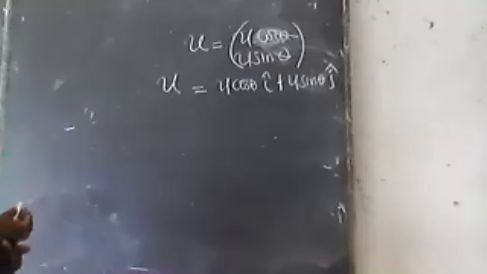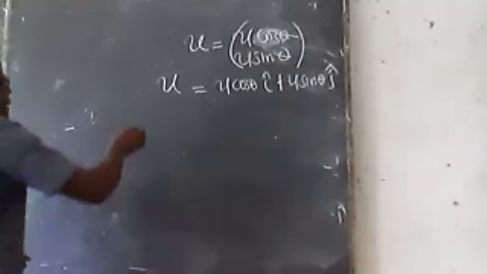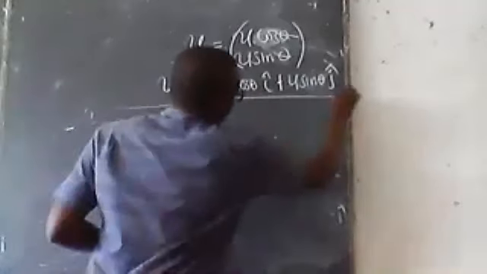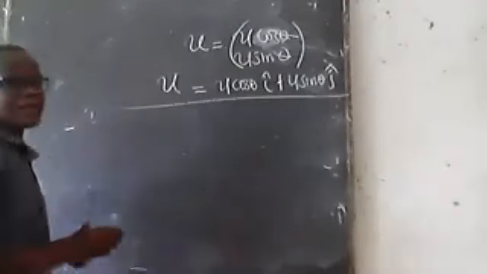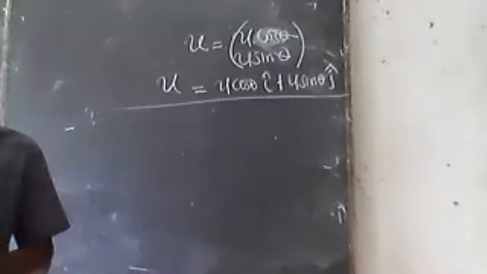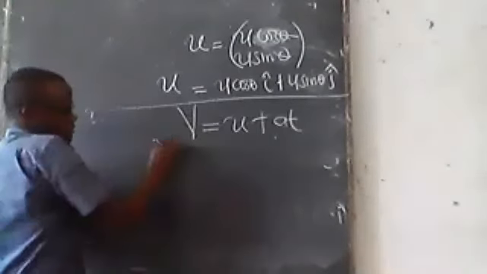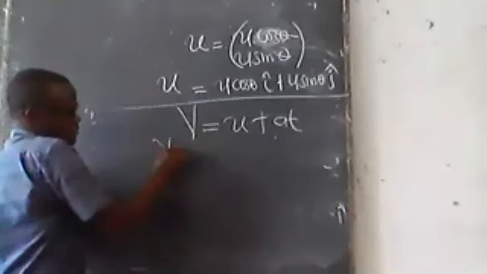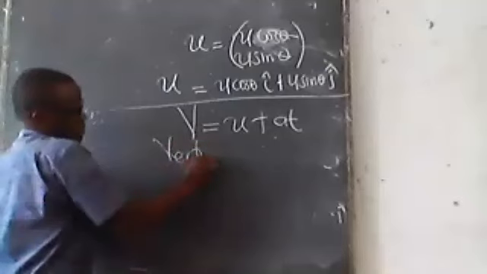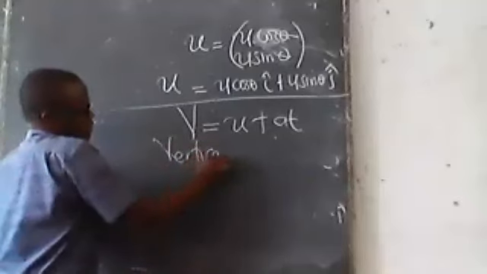Vertically, our velocity is going to be U sin theta minus dt, into J. I'm putting J because we are considering vertical motion.